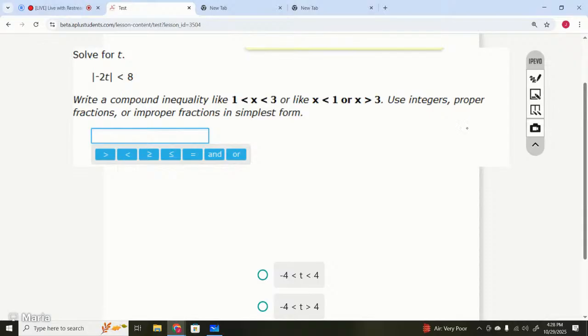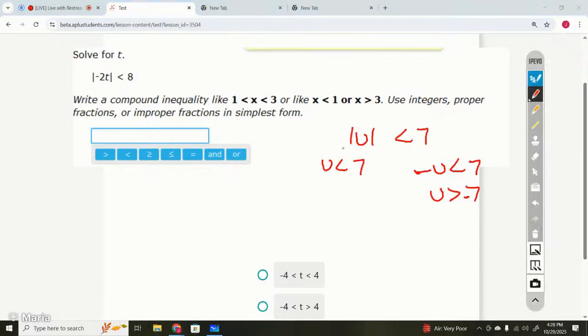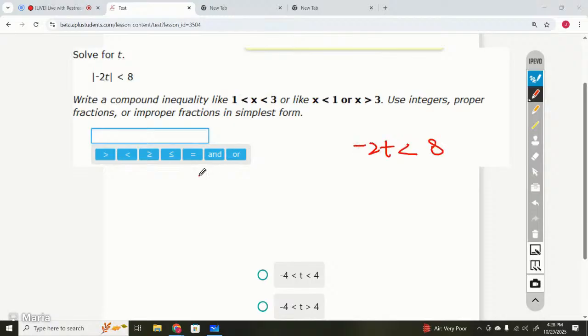Absolute value of 2t is less than 8. Negative 2t. That is negative 2t is less than 8. No, it would be 2t is less than 8 and negative 2t is less than 8. So t is less than negative 4. No, that would be greater, because we have to multiply both sides by a negative sign. So t is less than 4.